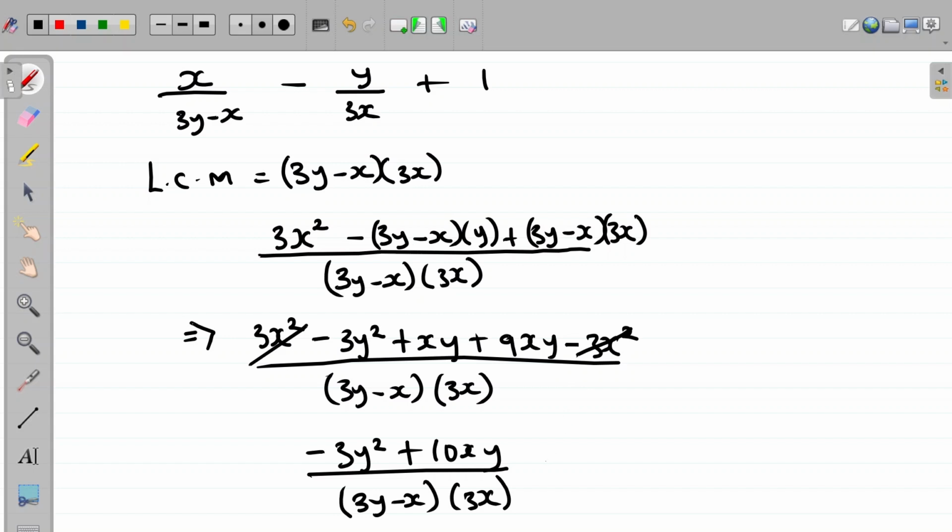Also, from our numerator, if we factor out y and rearrange, our expression becomes y open bracket 10x minus 3y, divided by 3x multiplied by 3y minus x.